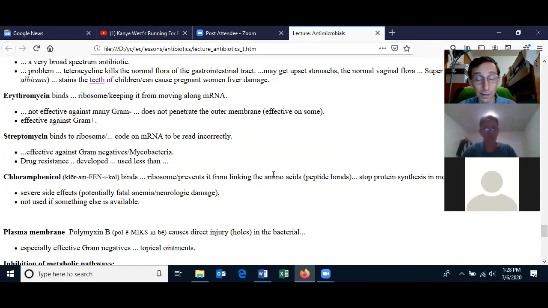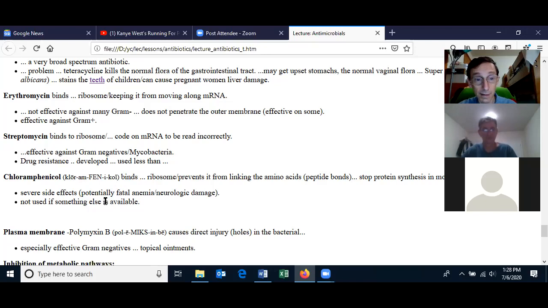It works on the gram-negatives and the gram-positives and also the archaea bacteria, but we won't talk about them. But chloramphenicol, even though it is a very good antibiotic, has severe side effects, so it's not used if something else is available.